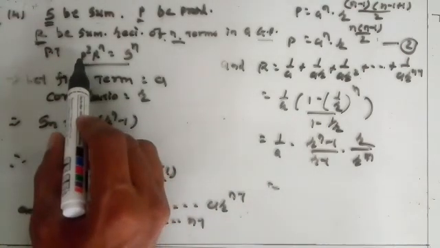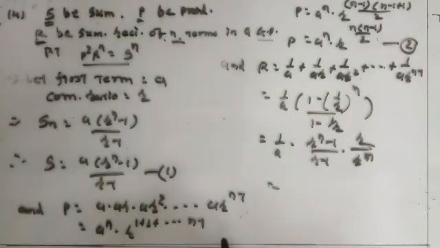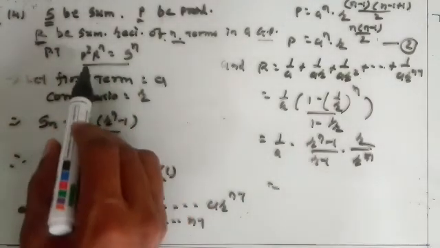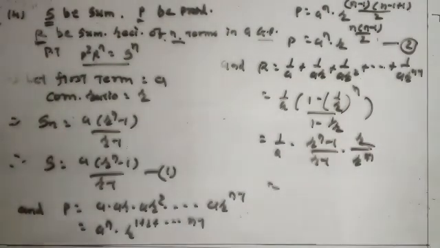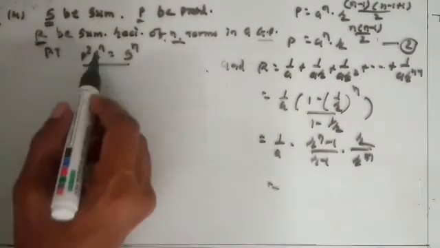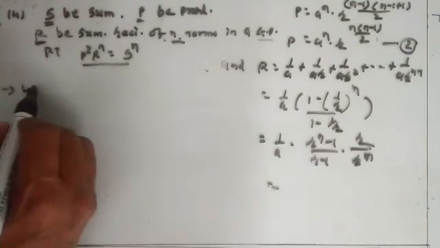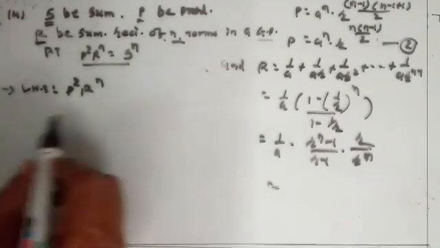We want to show that P squared into R raised to n is equal to S raised to n. So we take the values of P and R on the left hand side. Now LHS is equal to P squared R raised to n.